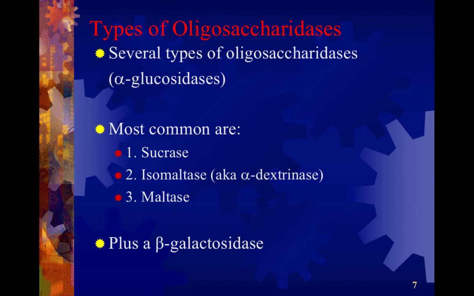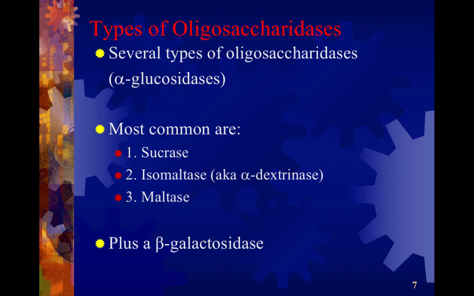There's several types of these enzymes. One category or type are called alpha glucosidases. And as their name implies, they target alpha glycosidic bonds and glucose molecules contained within those molecules. So the most common alpha glucosidases are sucrase, isomaltase, and maltase. And sometimes their name is a direct reference to their substrate.